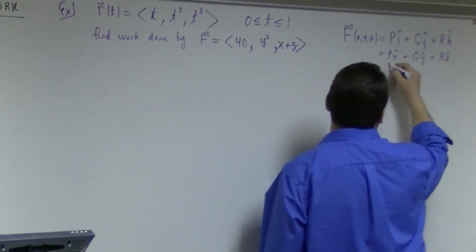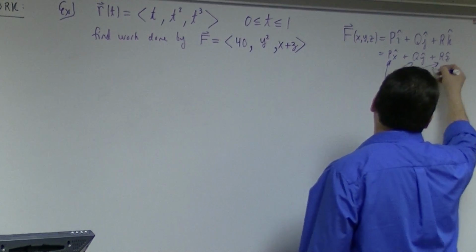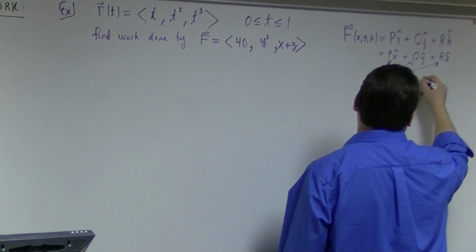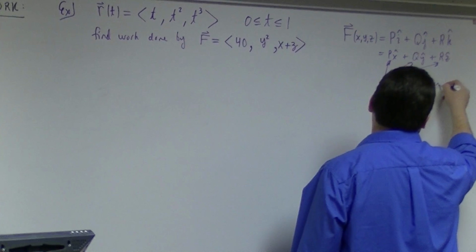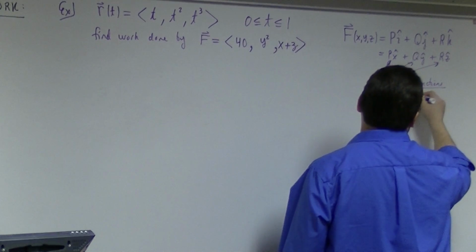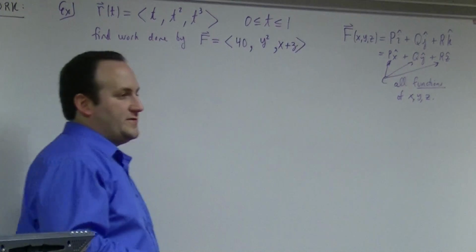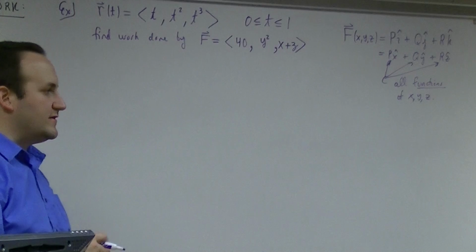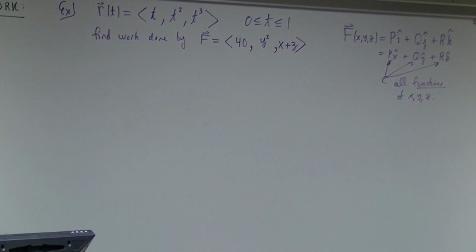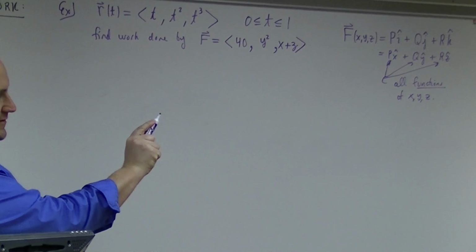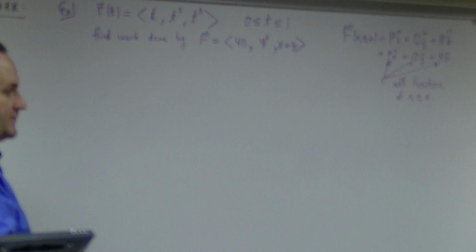These p's, q's, and r's are all functions of x, y, and z, generically speaking. So this allows for all kinds of forces, in addition to the ones we looked at already, like gravity and spring, more complicated things. Generically speaking, F is a force field. If you give me a point in space, it tells you the force applied at that point due to this force field.